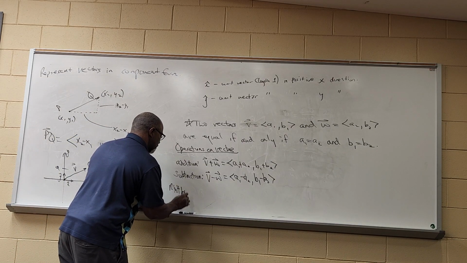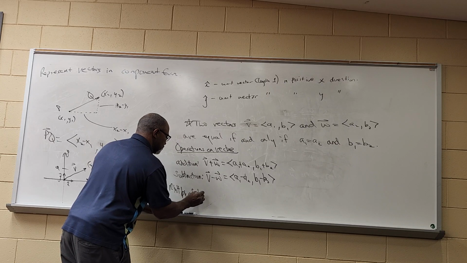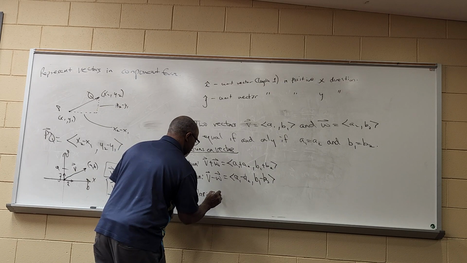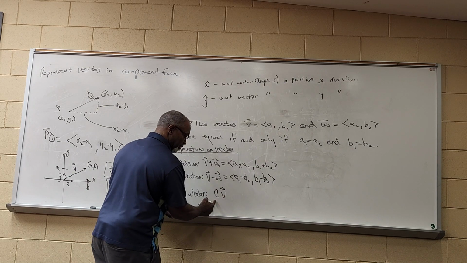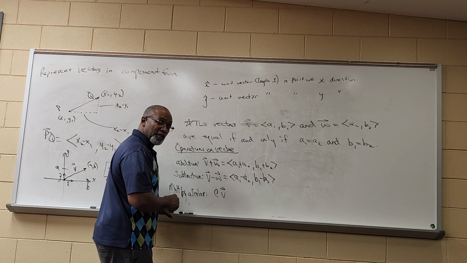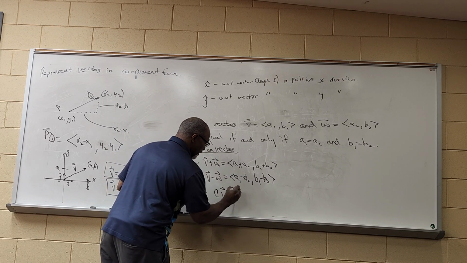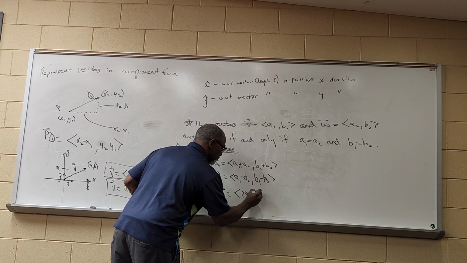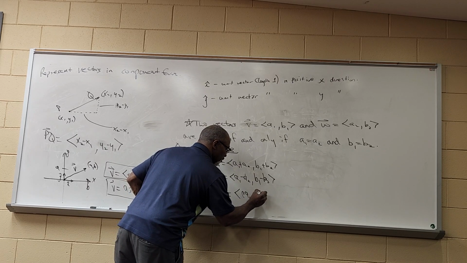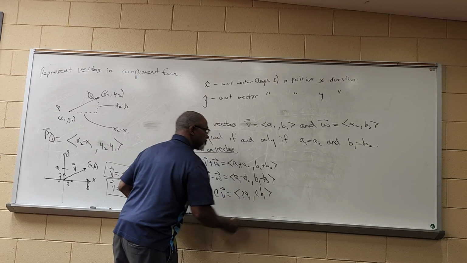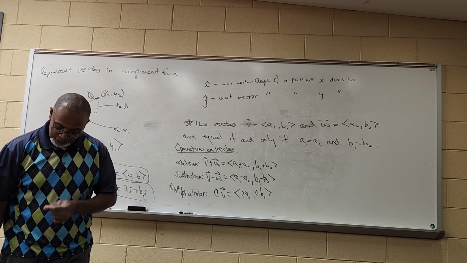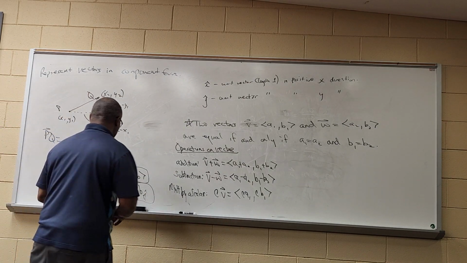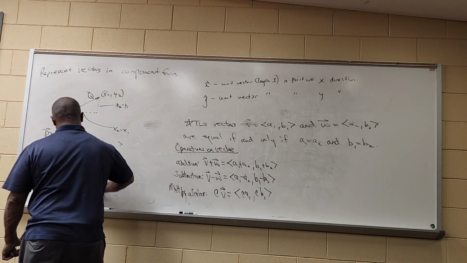They say C times a vector, some scalar times a vector. Again, a vector will always have that little bar above it. C times a vector would be C A1, C B1. Okay? Straightforward stuff.